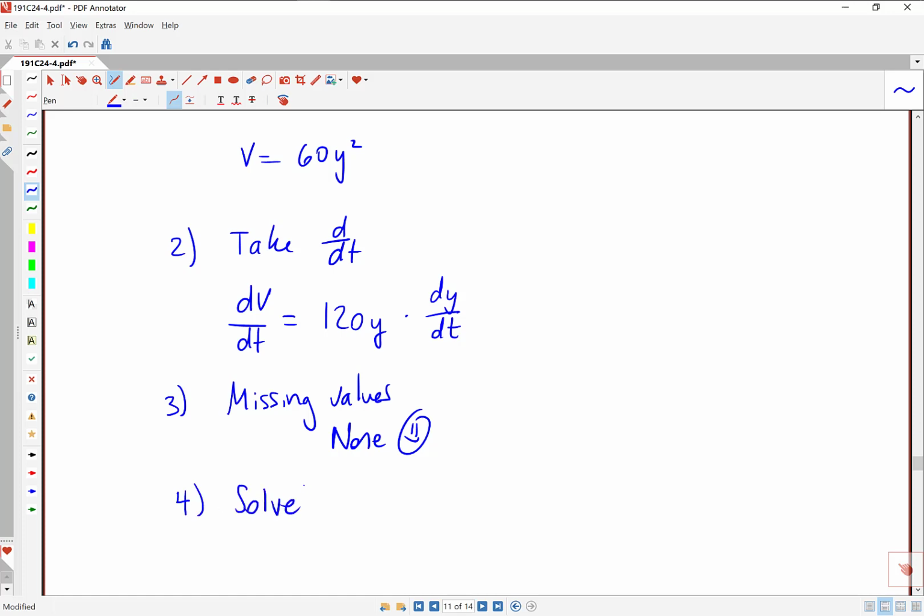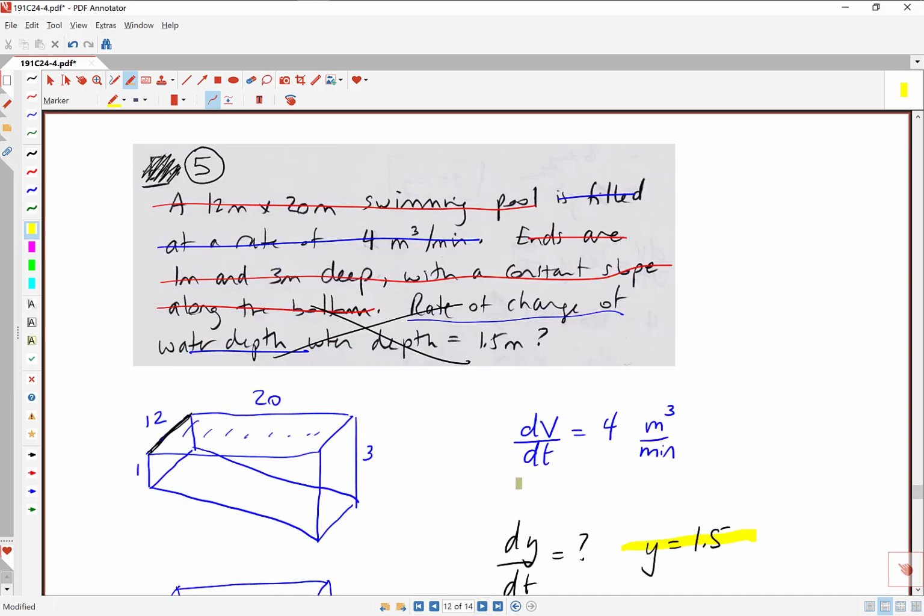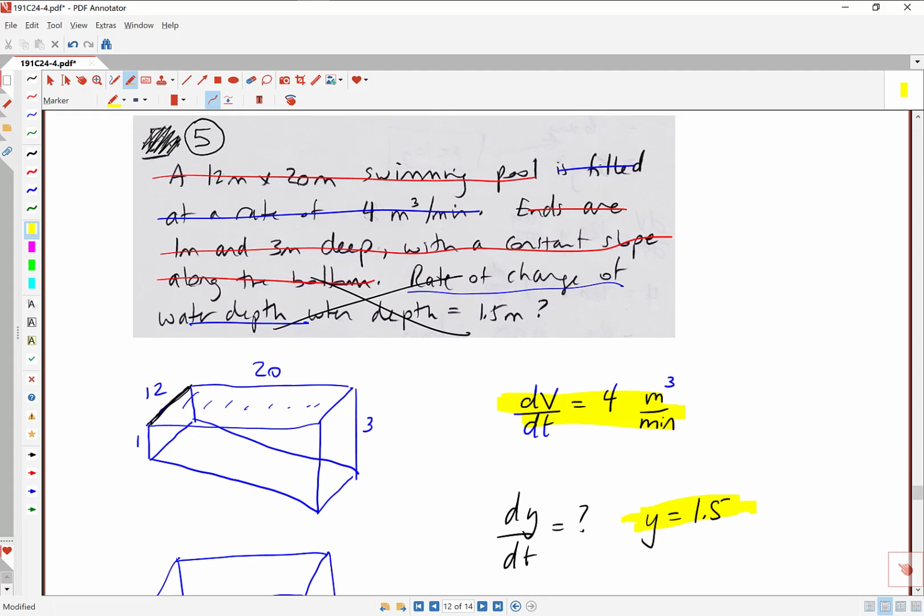Okay, so now we're going to solve, and when we say solve, it's always the equation from step 2 that you're trying to solve. So let's flash back to our previous page and remind ourselves what our values were. The values we're going to need: dV by dt is 4 and y is equal to 1.5. What we're trying to find is dy by dt.